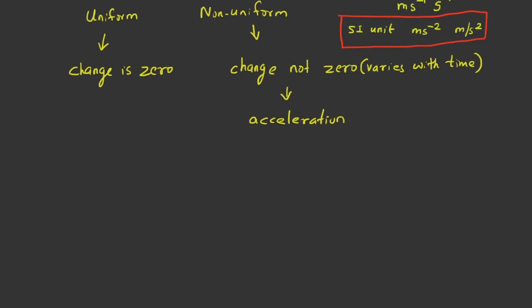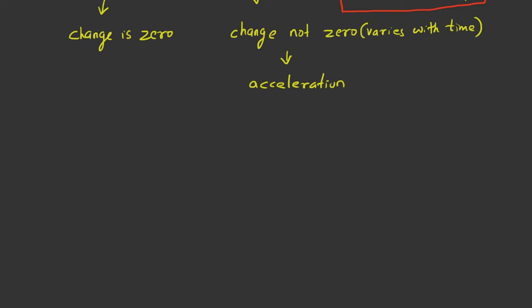Direction is important for acceleration. It is a vector quantity. If acceleration is in the direction of velocity, it will increase the velocity and it is taken as positive.